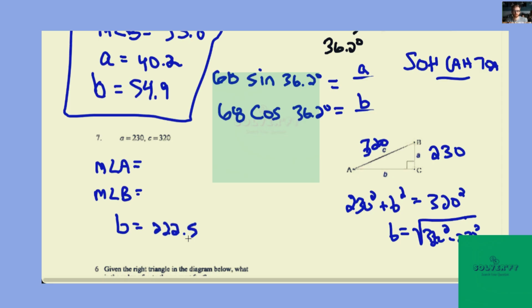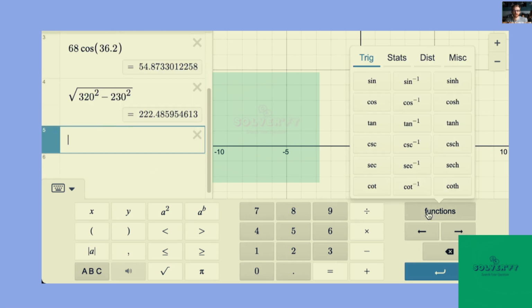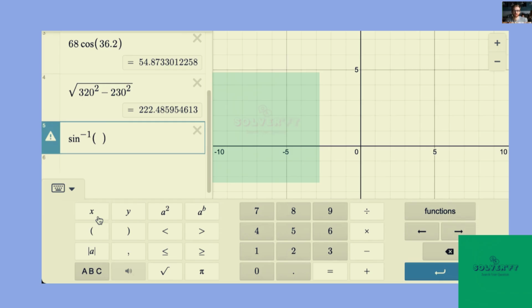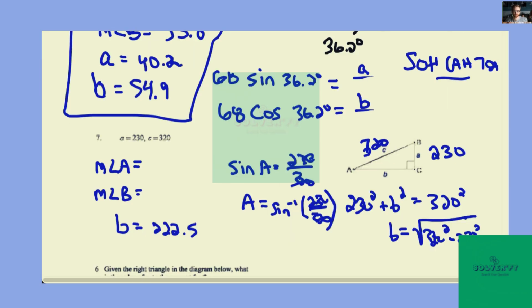The measure of angle A could be found using the opposite and hypotenuse. So we could say the sine of angle A equals 230 over 320. And then you would take the inverse sine of 230 over 320, which is about, we'll say, 46 degrees.